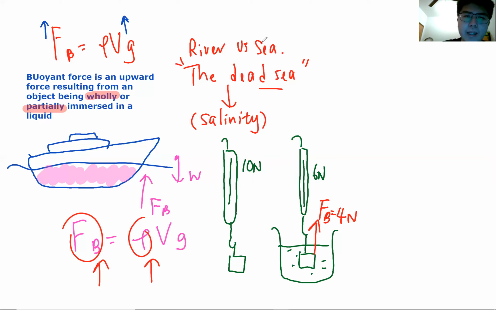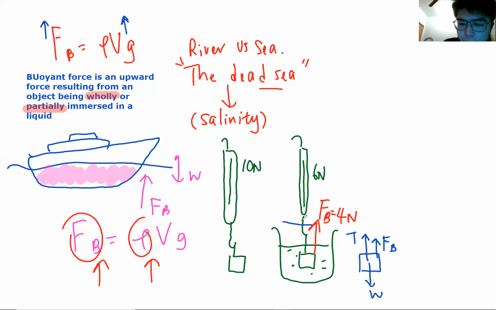Now, what happens if I cut the string? Will it sink or float? If you look at the free body diagram, this is the object, this is the weight, this is the tension, this is the buoyant force.